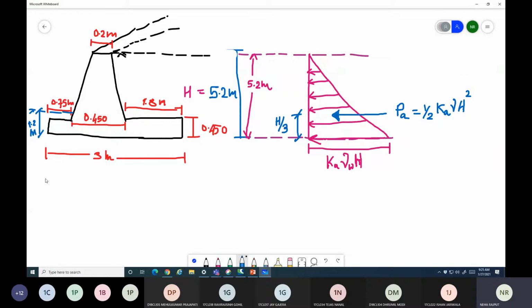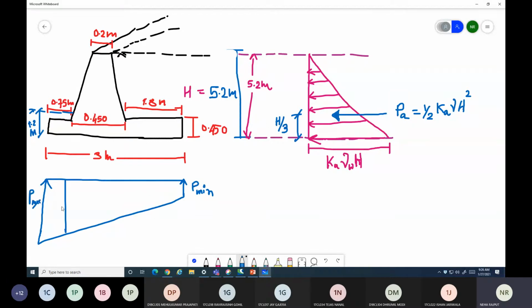Right. And again I need to draw the uplift pressure diagram also, and I'm assuming that this uplift pressure is positive at both the sides, so no negative pressure is acting. So this is P minimum, just this is the qualitative diagram of uplift pressure, and this one is P maximum, and in between this is the linear diagram.